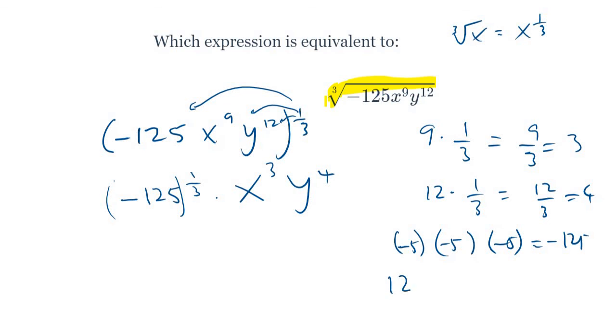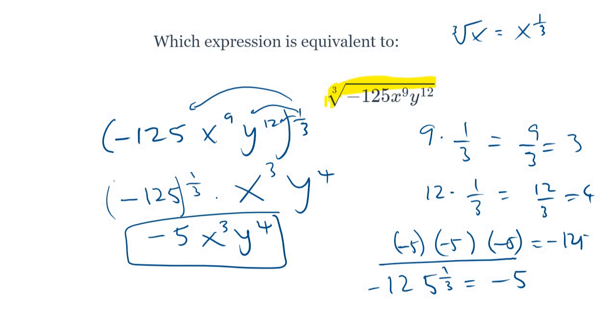So negative 125 to the power of 1/3 is actually negative 5, because you need 3 of them. Then this is negative 5 x cubed y to the 4th, and that is the simplified form. All right, I think it's pretty much done.